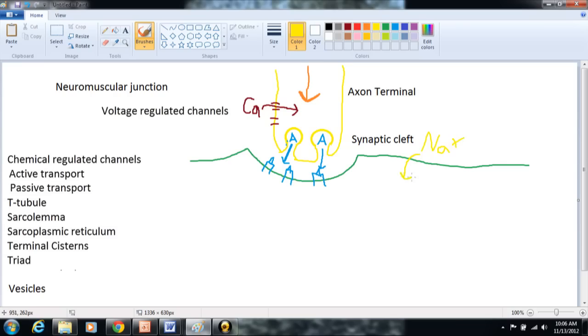Okay, that is a change in membrane potential or a change in voltage or an action potential. Because you have acetylcholine, which is a neurotransmitter, binding to a receptor, these are chemically regulated channels.